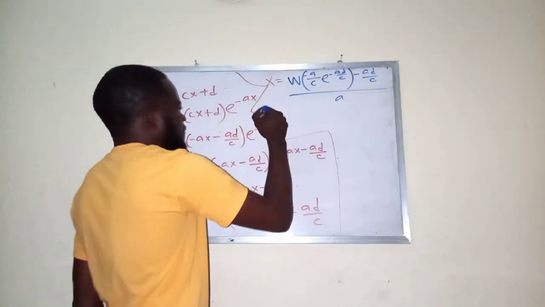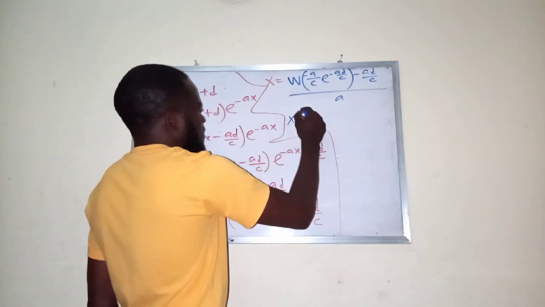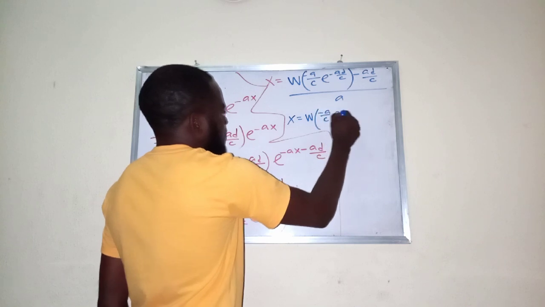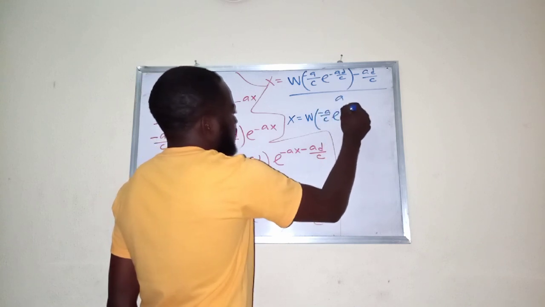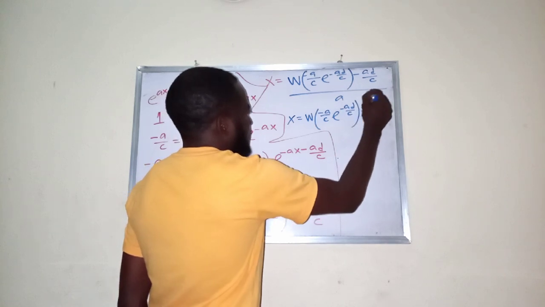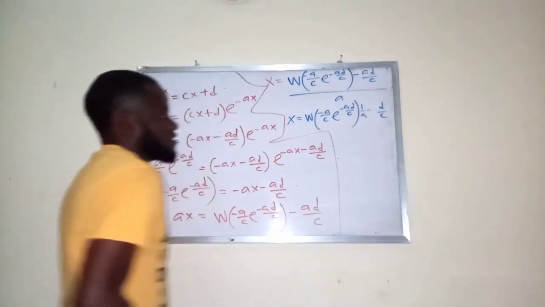So you will see now that this function will then become x equal W of negative a over c e to the power of negative ad over c, times 1 over a, minus d over c.